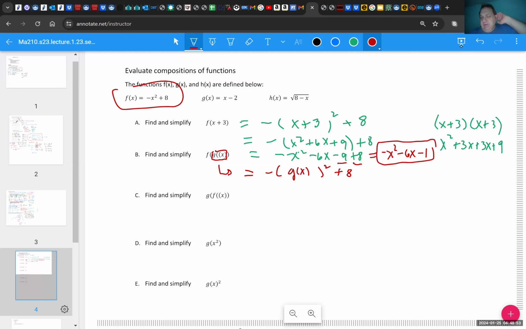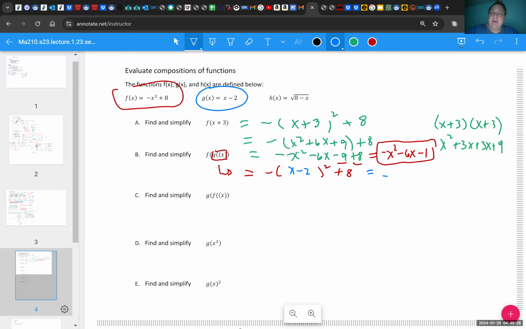Now, it didn't look like we did much, but g of x can be written according to this rule as x minus 2. So instead of writing g of x here, I'm going to write x minus 2. So that's f of the g of x function. The g of x function is x minus 2, so it's f evaluated when the input is x minus 2. And in a very similar way, we'll need to simplify this to write our answer.